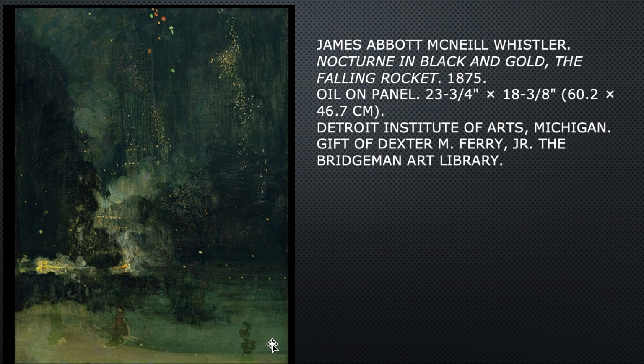When this went on exhibit in a salon, the main critic of the day wrote a review and said that it was unfinished, that it was an insult to the public. It was like flinging paint in the viewer's face. The critic's name was Ruskin, John Ruskin.